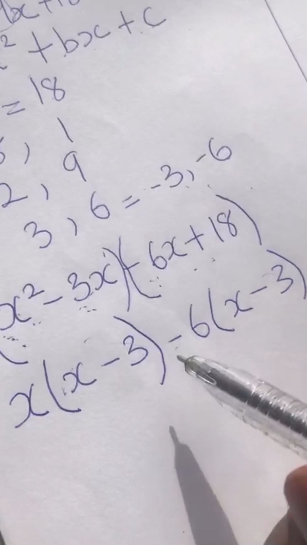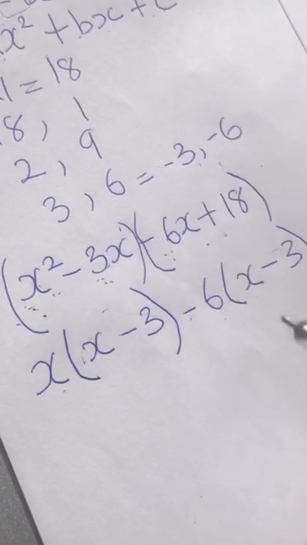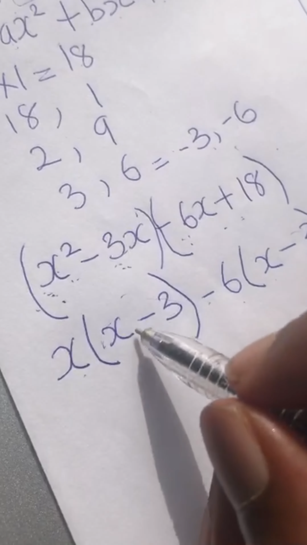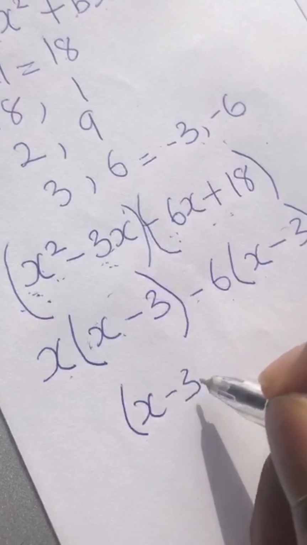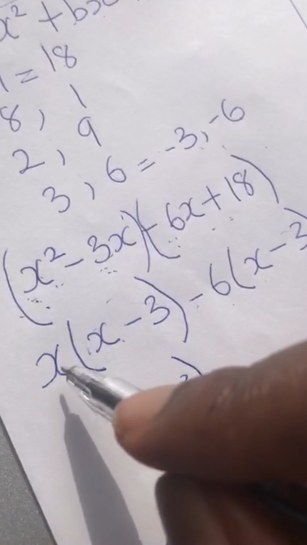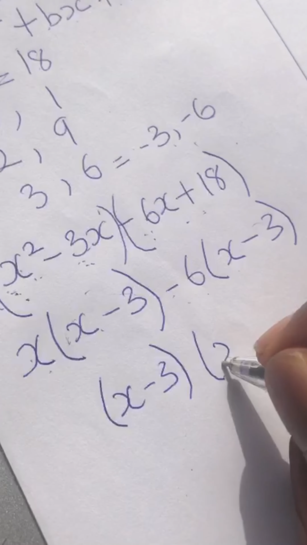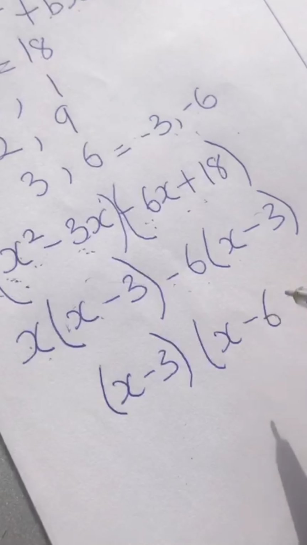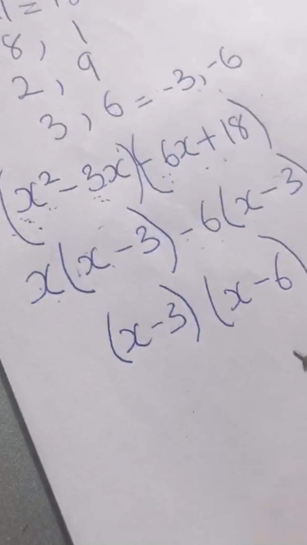That is how to know if the factors you chose are indeed correct. So we take one of the expressions, x minus 3, and then we take this factor and this factor, x minus 6, and these will form our two factors, and from here we will get our answers.